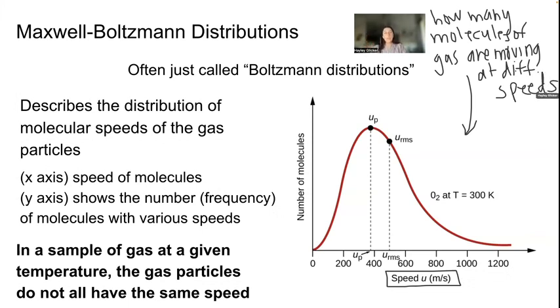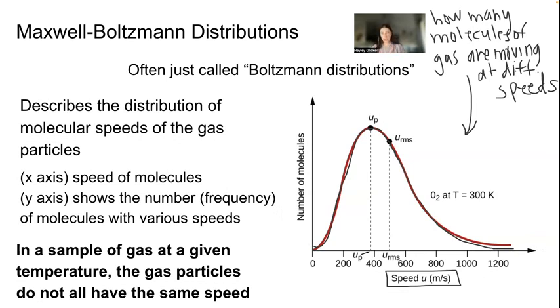What we see here is what we call a distribution. In a mathematical setting, this is a distribution because our number starts small, it increases, and then it starts to decrease again. This is called a Boltzmann distribution. Our Boltzmann distribution is showing how we have different numbers of molecules moving at different speeds.